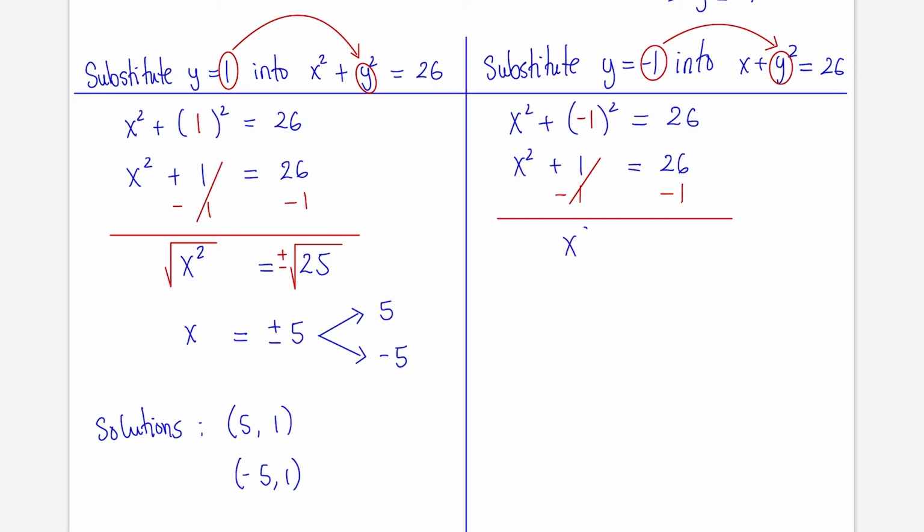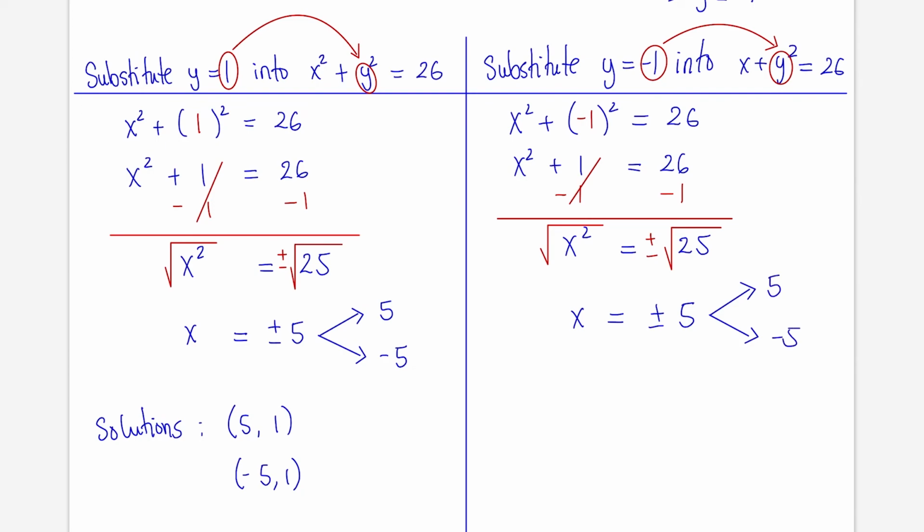And I have x squared equals 25. To find x, I'll take the square root on both sides. And don't forget the plus or minus. So x is plus or minus 5. So x can be 5, and x can also be negative 5.